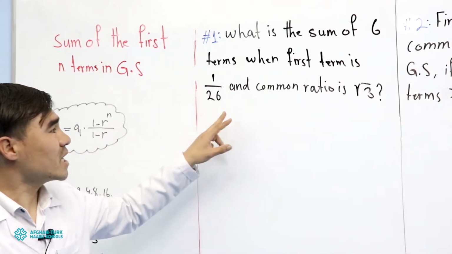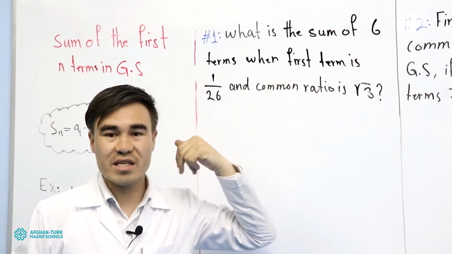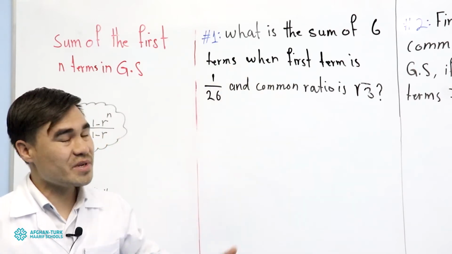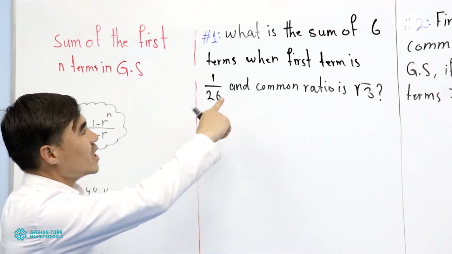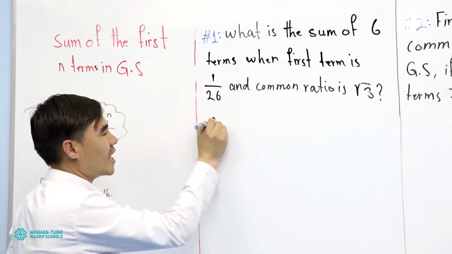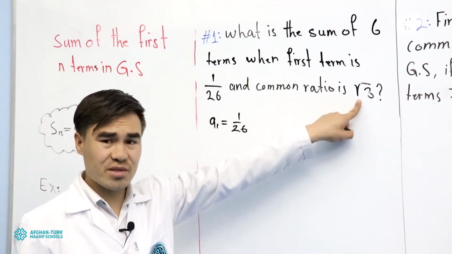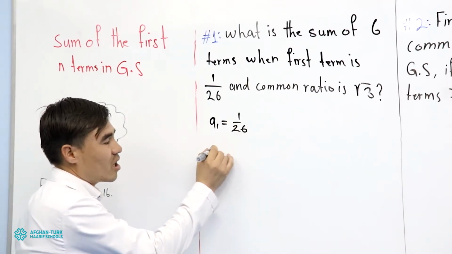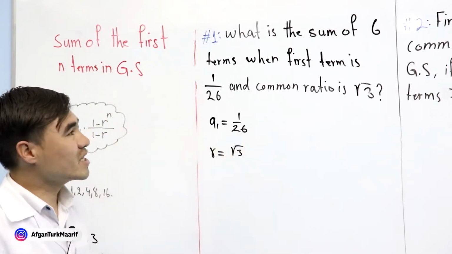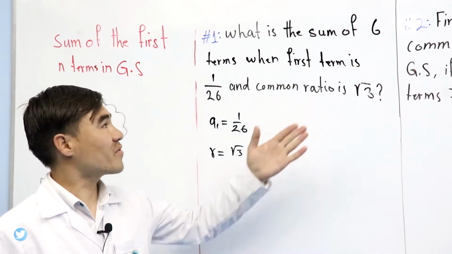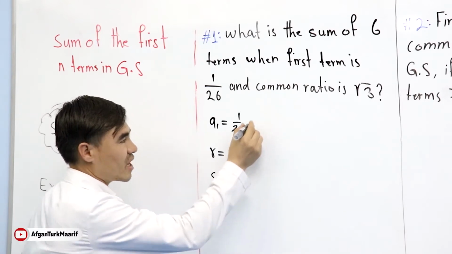To find the sum of the first 6 terms of this geometric sequence, we must first recognize some terms. The first term is a1 equal to 1 over 26, and the common ratio is also clear from the question: the square root of 3. It wants the sum of the first 6 terms, so we must find S6.